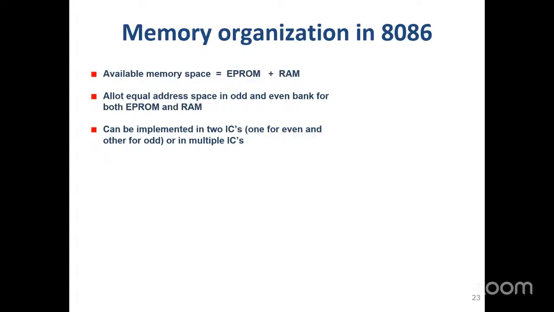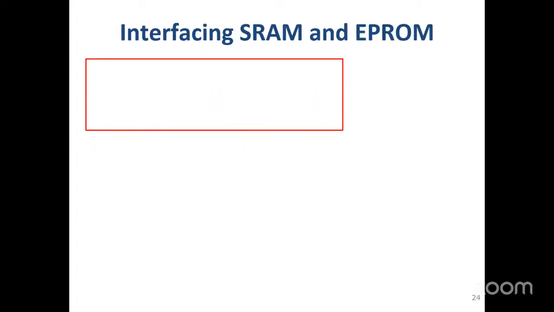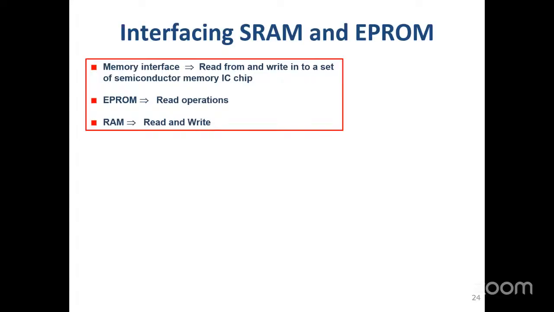That means you can take the same size of even bank and odd bank for the random access memory as well as the permanent read-only memory. EPROM is for permanent storage. Already we have discussed read-only memory, that is a permanent memory, and random access memory is the temporary, read-write memory.